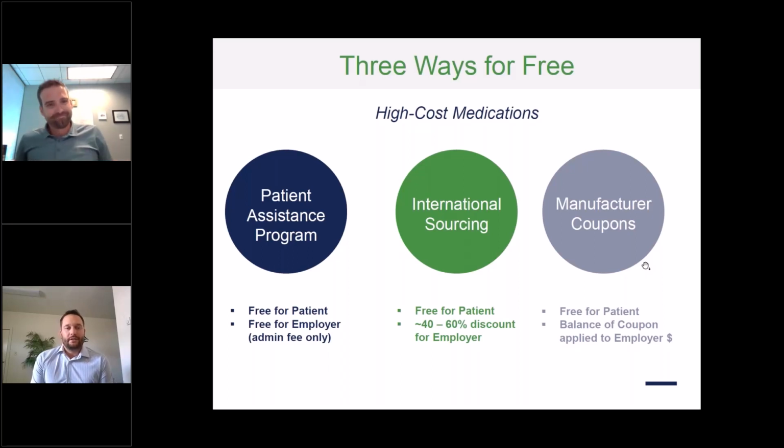Yeah, I think the short answer goes back to incentive alignment, right? As drug costs go up and more high cost drugs come in, that's where insurance carriers and large prescription benefit managers continue to make more money. So it doesn't behoove them to actually eliminate that from the plan.